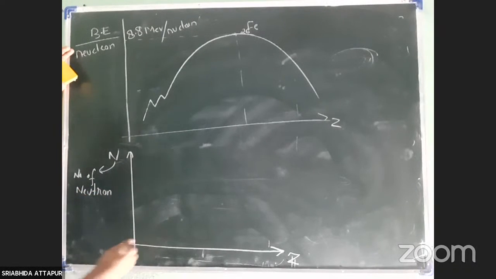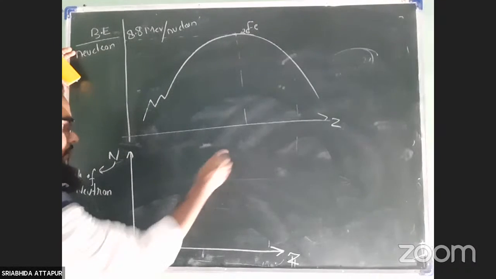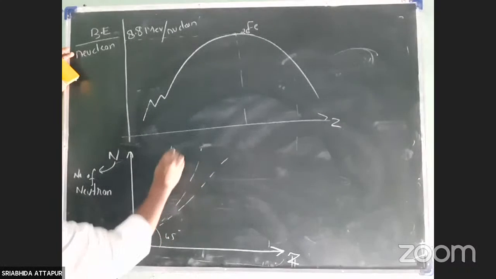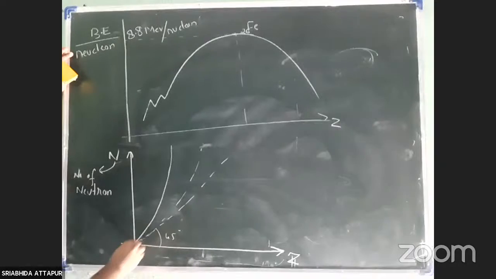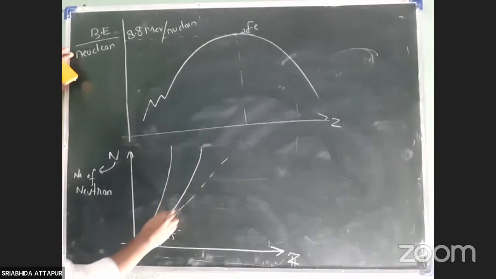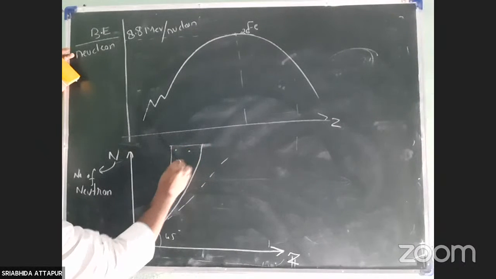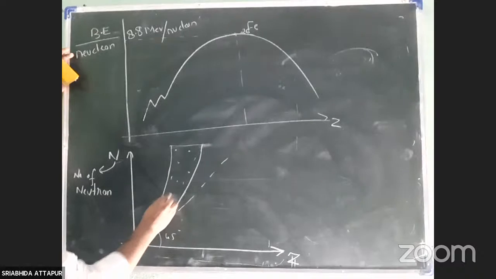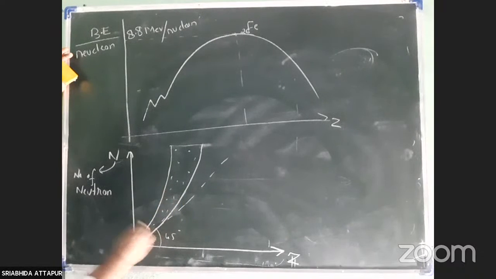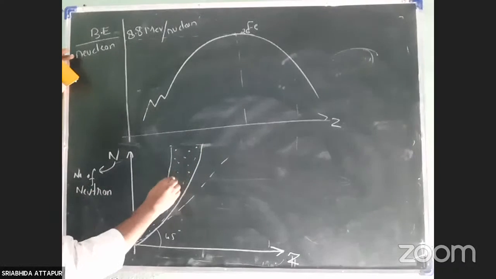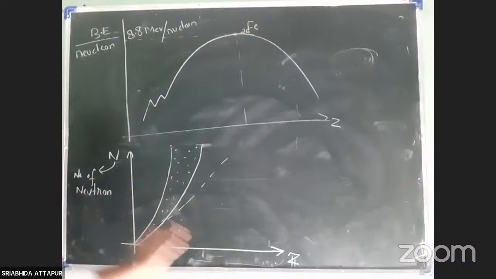Okay. So in reality, suppose that this is our 45-degree line. In this one, this is number of neutron and this is the number of proton.